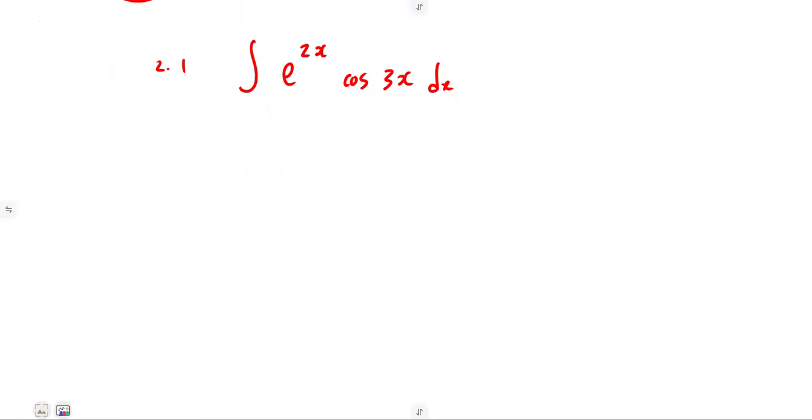Where we're going to consider by parts, then we have the trig functions, and we have completing of the square.